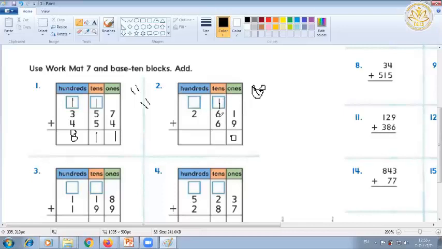1 plus 6 equals 7. 7 plus 6 equals 13. Now the 13 I have, is it 13 ones or 13 tens? Good job, 13 tens. That means I have 3 tens and 10 tens.